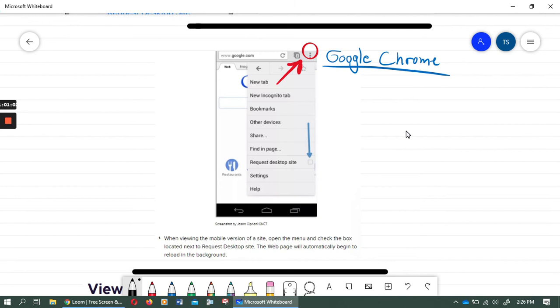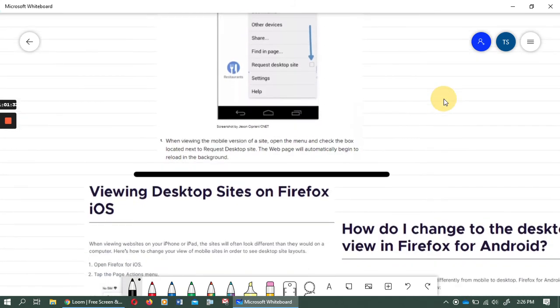Don't ask me why they call it a kebab, but you'll have to click on those three dots, and you'll see up there, request desktop site. You will have to check that box in order for it to change to that desktop website for Delta Math. Again, guys, I'm letting you know this so it will be easier for you to do any of the click and drag, where you will have to actually click and drag some things in Delta Math.